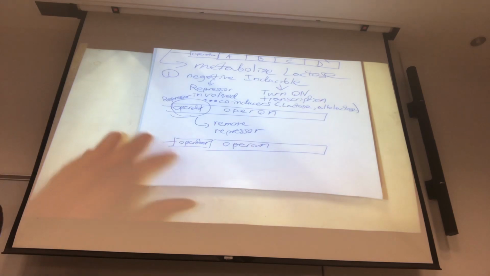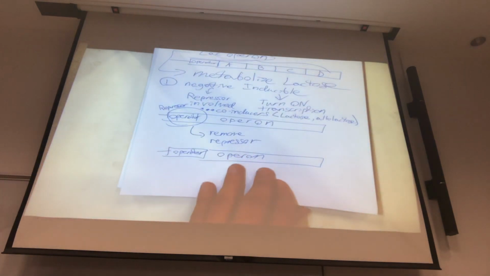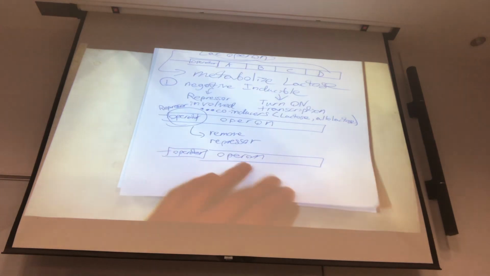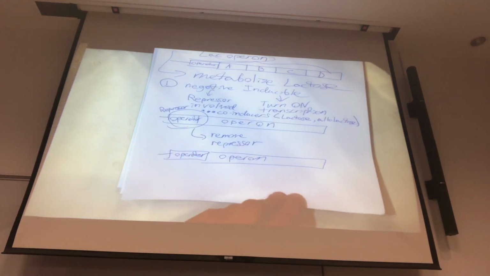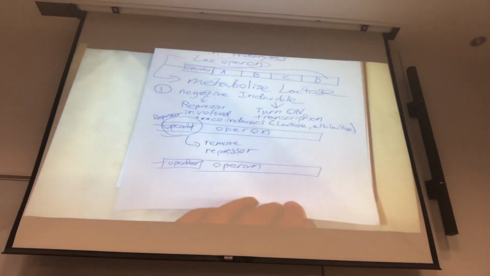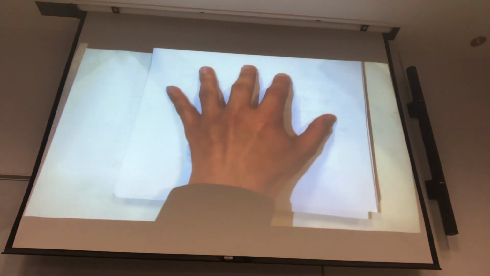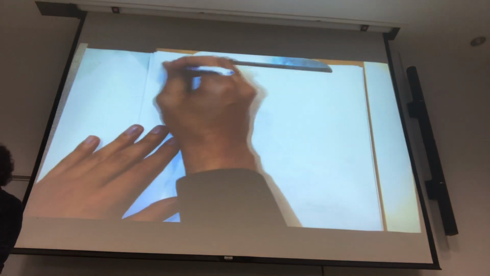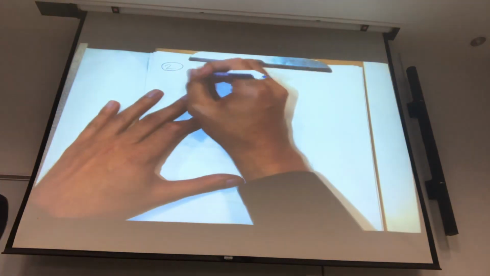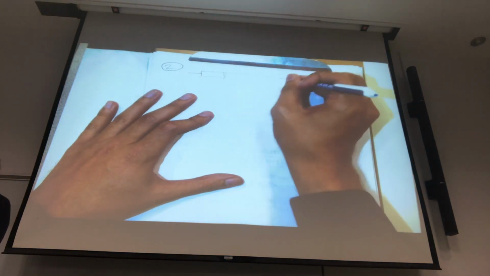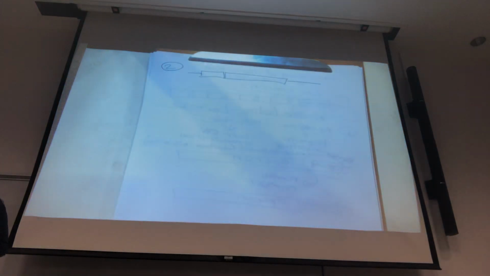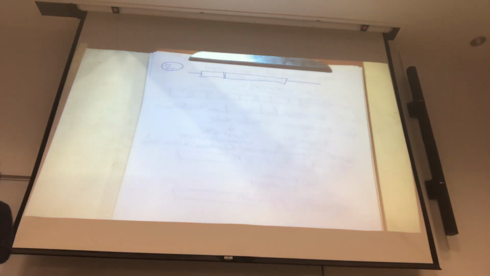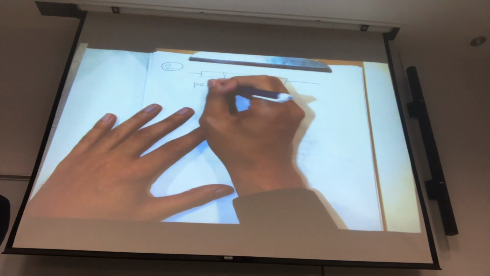I will explain all the different versions very loosely, but then you will need to give me more details for the extra credit if this happens to be your extra credit question. Step 2 is, now that the repressor is gone, a second thing that works via positive inducible.